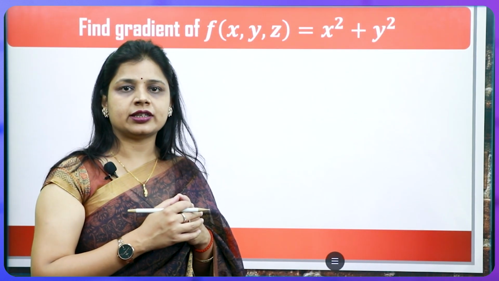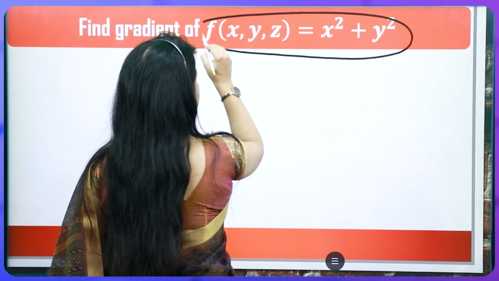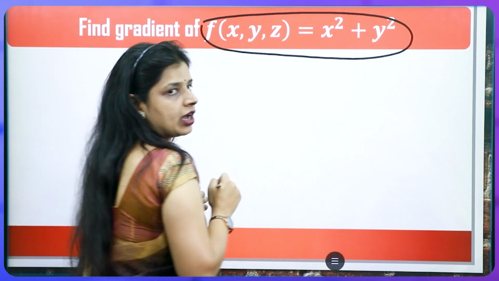Next we will solve one example where we will find gradient of this function f of x, y, z, which is x square plus y square.